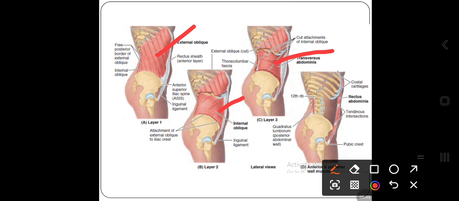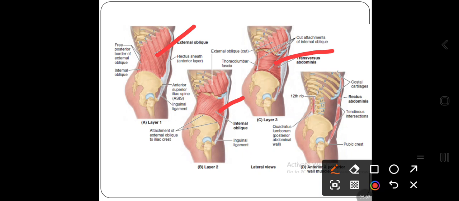These 3 muscles are present in 3 layers. We can differentiate between them by the direction of the fibers. External oblique runs downward, forward, and medially. Internal oblique runs upward, forward, and medially. Transversus abdominis runs transversely.